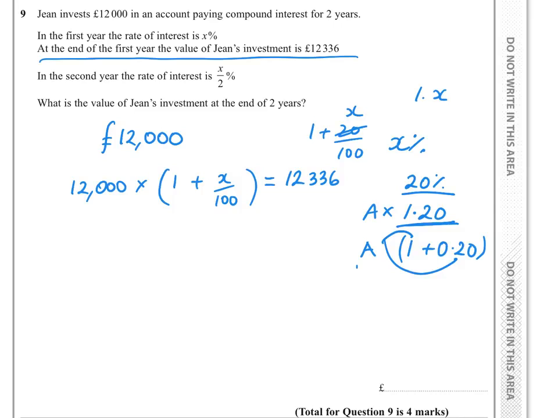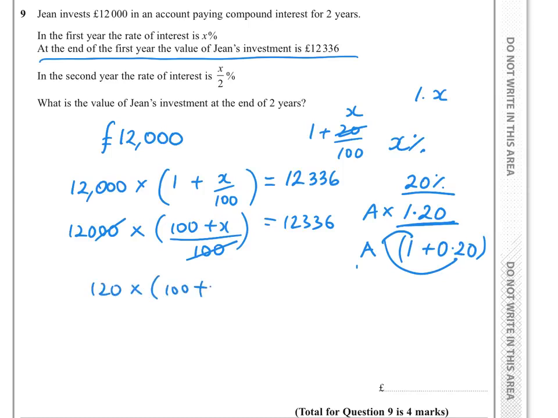And we can rearrange this, and we can use our calculator to find the answer. So before I reach for the calculator, because I'm not very good with that, I like to do things by hand as much as possible. So we can get a common denominator there. We can divide this by 100 and this by 100, or cancel, and we'd have 120 times 100 plus x equals 12,336, which means 100 plus x would be, and now I will use the calculator or I'm bound to get complaints from people, so we'll have 12,336 divided by 120.